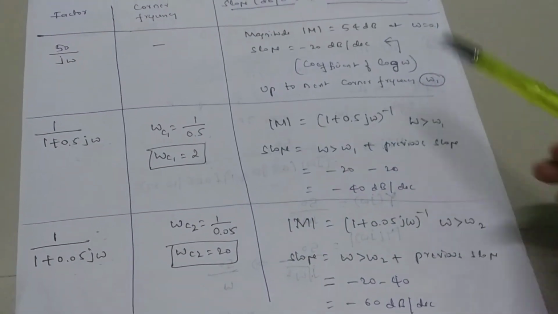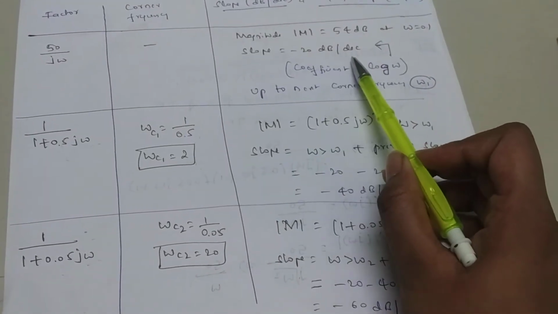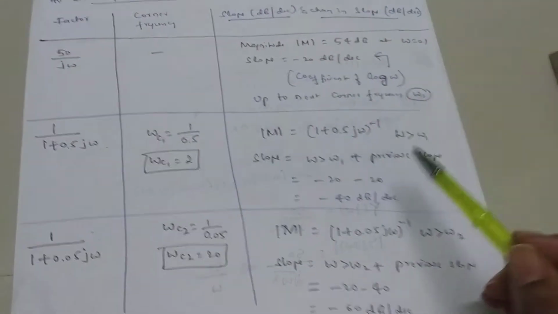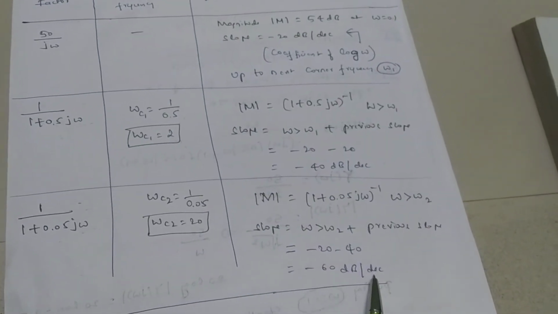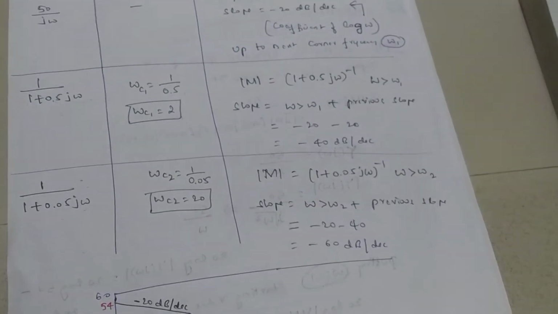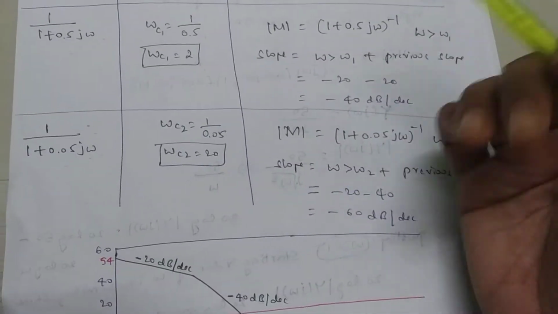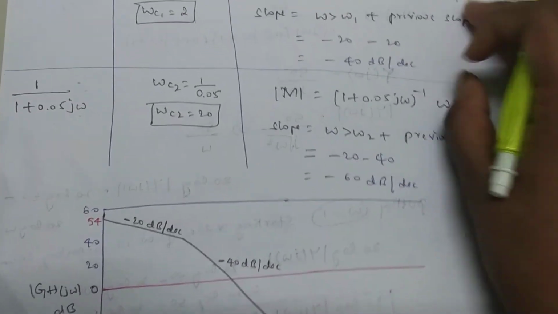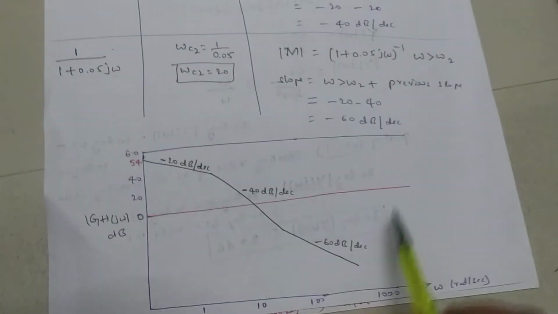So for reference, the input section has minus 20 dB per decade for the first factor slope, minus 40 dB per decade for the second factor slope, and minus 60 dB per decade for the third factor slope. The Bode plot is a combination of magnitude plot and phase plot. Here I have taken only the magnitude plot.